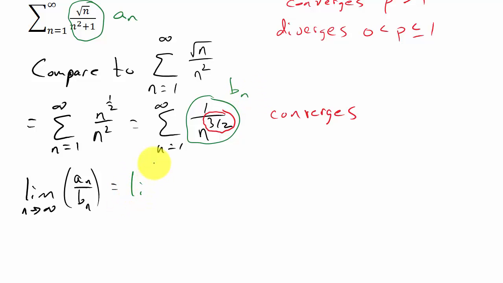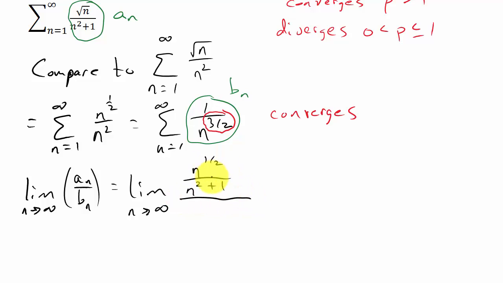All right, so this is equal to, let me change colors back, this is going to equal the limit as n goes to infinity of a sub n, and this square root of n, I'm going to write that as n to the 1/2, and then I've got over n squared plus 1.